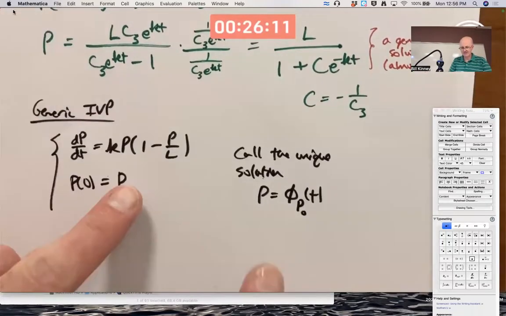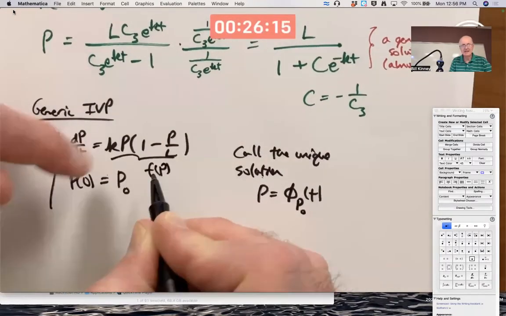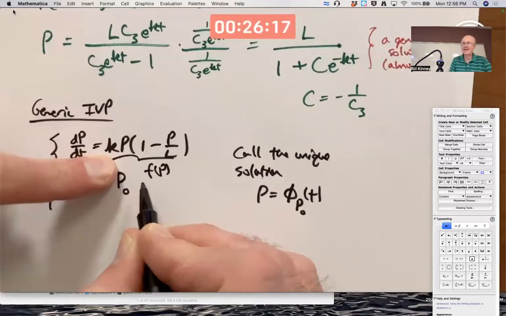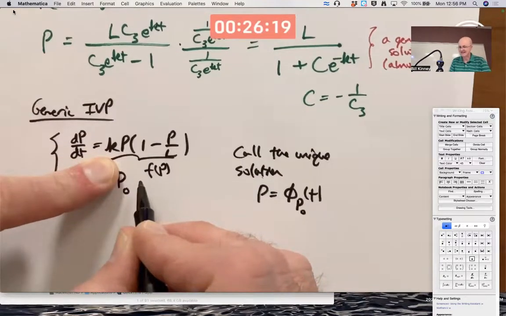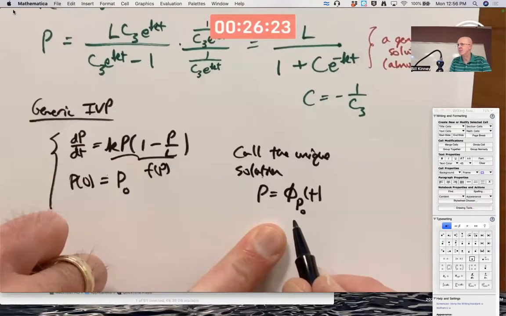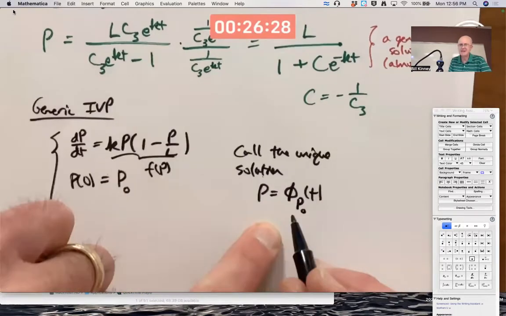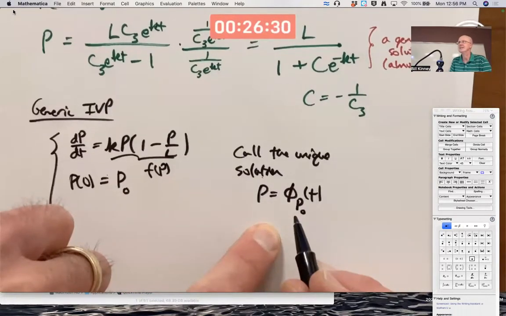If nothing else, to emphasize that, again, these functions are different. This is f of p, not a solution. It's just the right-hand side of the differential equation. That's a solution. It's a function of t. It's a little weird. Here in that function, p is the independent variable. Here in this function, p is the dependent variable. Which is it?